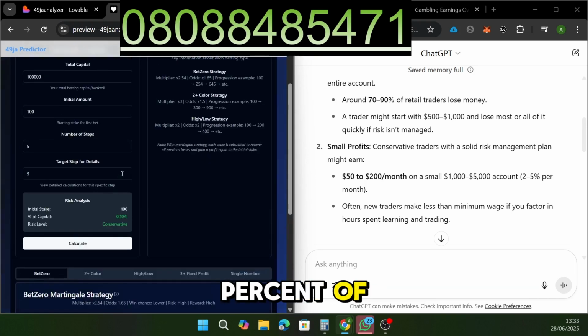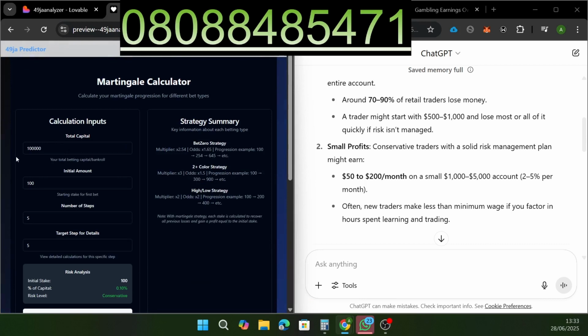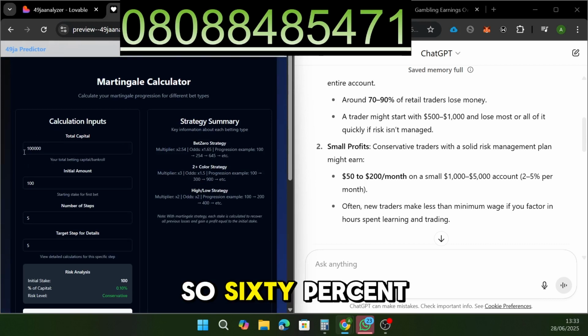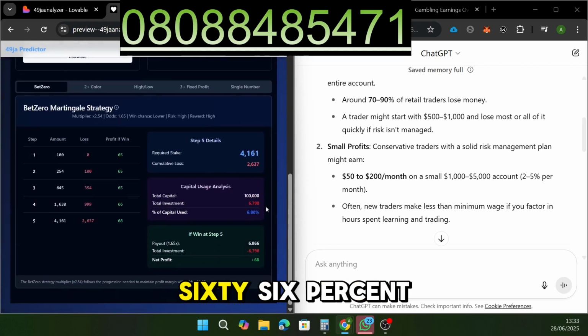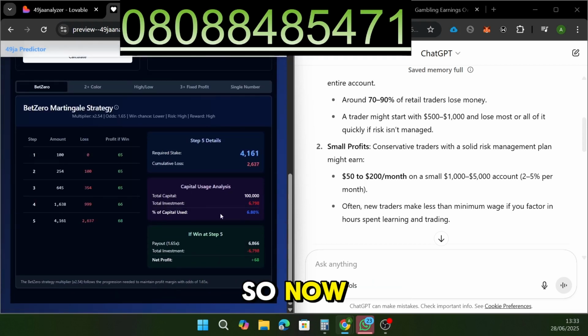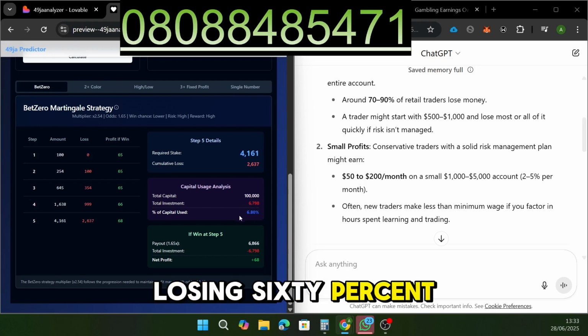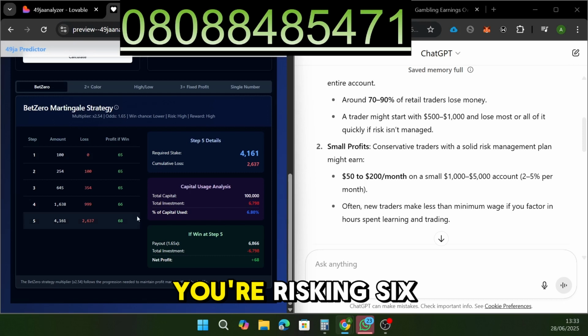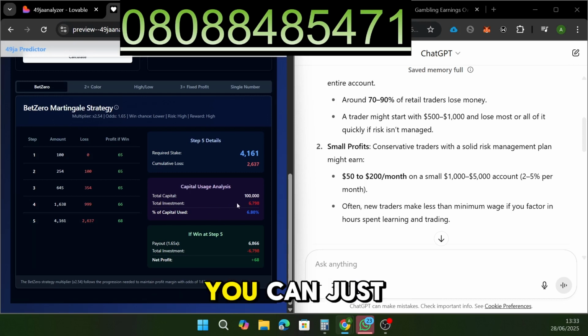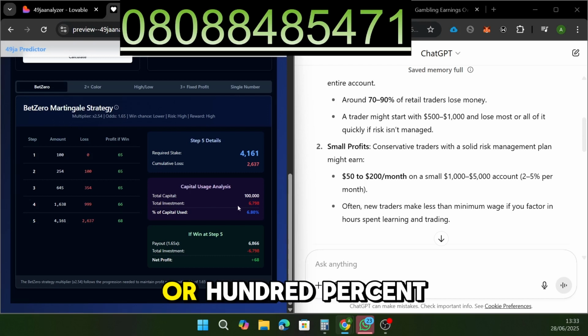That's 6% of your capital. So you are risking 6% of the capital. If you are risking 6,000, just set your take profit to around half of the money or 100% of the money, depending on you.